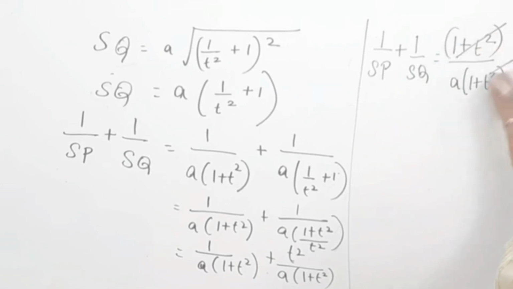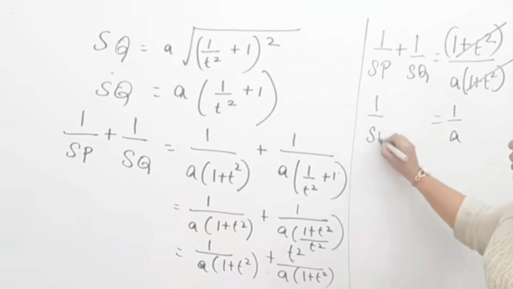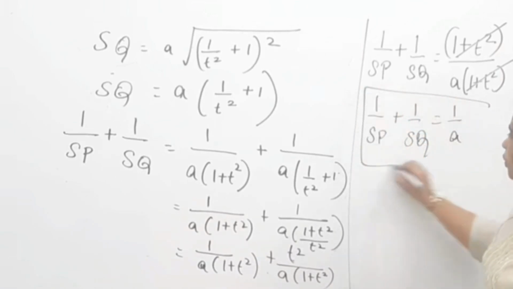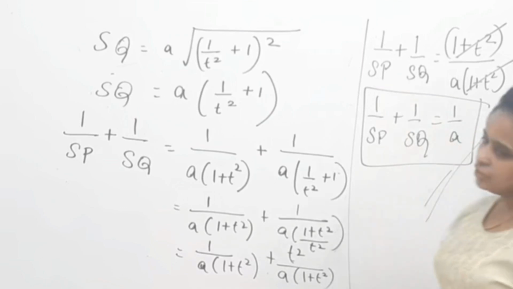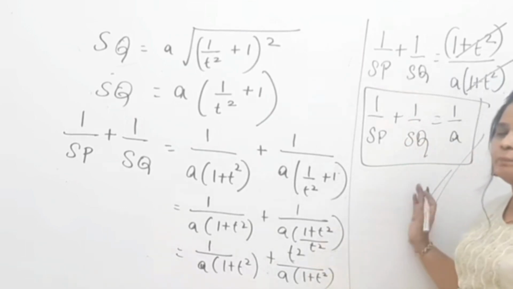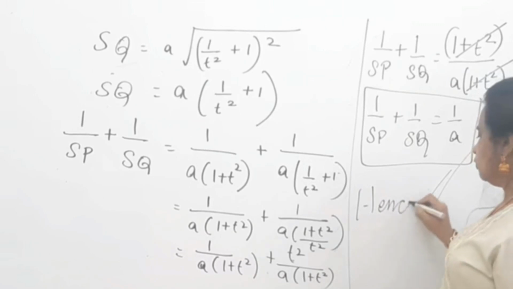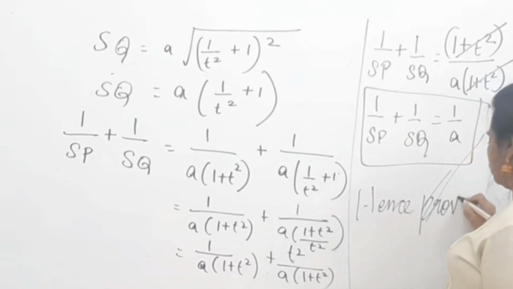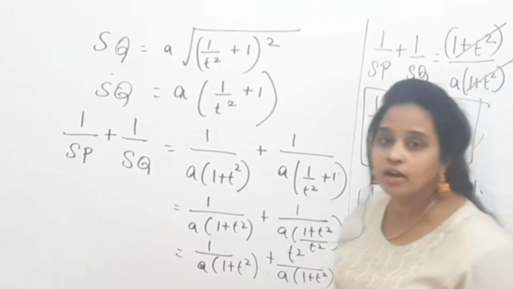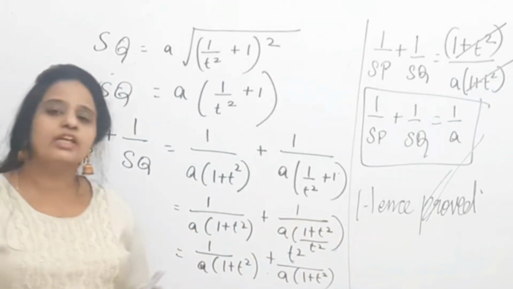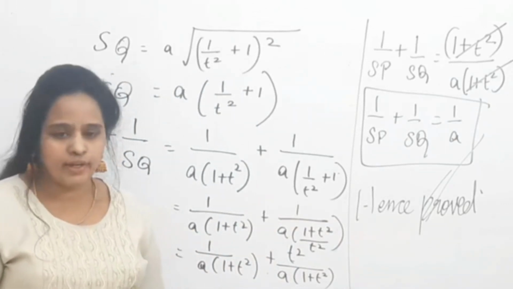You can have cancellation, so 1 by SP plus 1 by SQ is equal to 1 by a, which is independent of t, hence proved. So I hope everyone understands the concept of how to get your derivation, or the unknown coordinates.